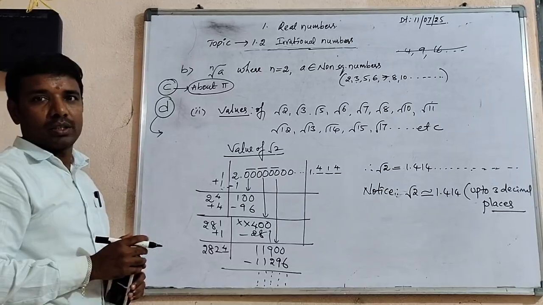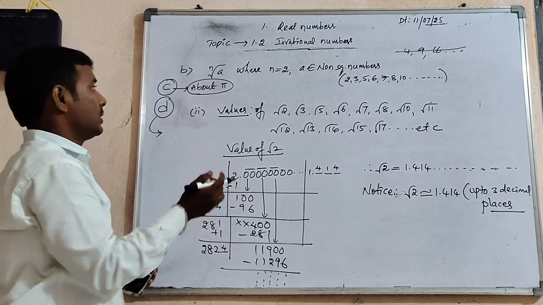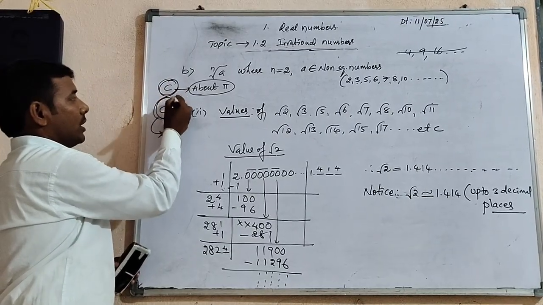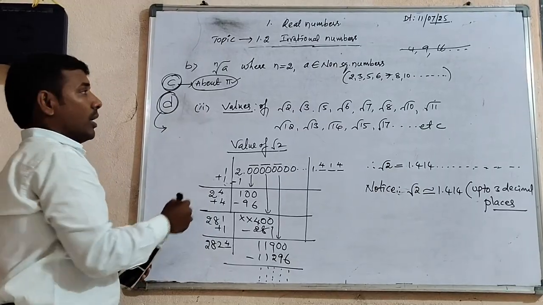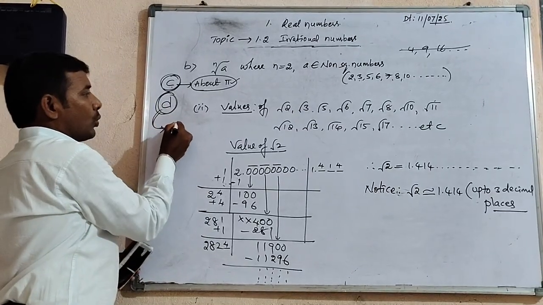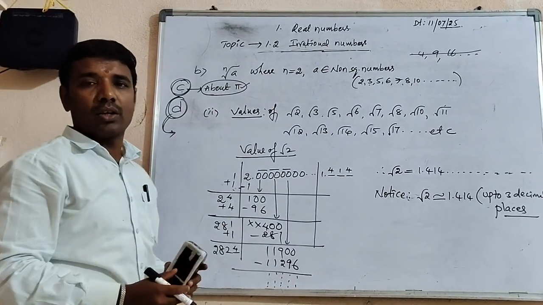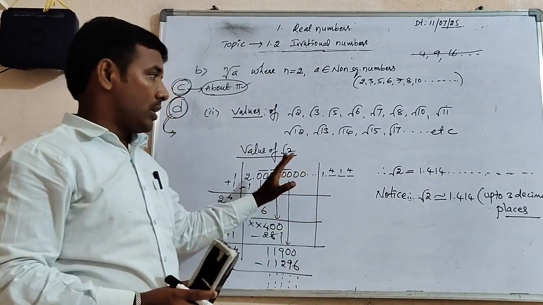I think you got it. I am talking about tomorrow's video, tomorrow's class. In tomorrow's class, we will discuss C and D topics. C indicates the pi symbol. Next one is how to represent these numbers on the number line. I think everybody understood.